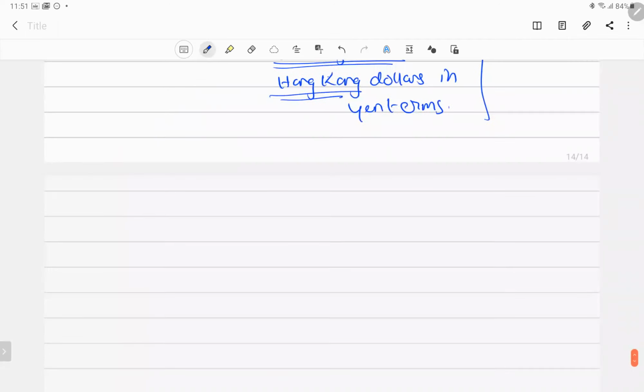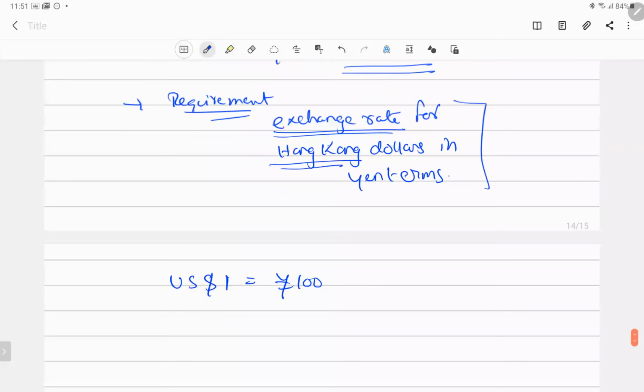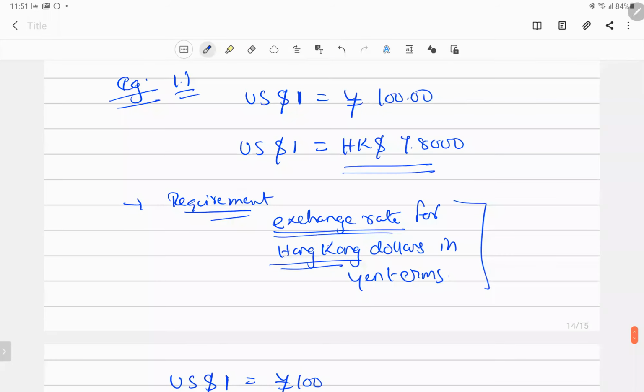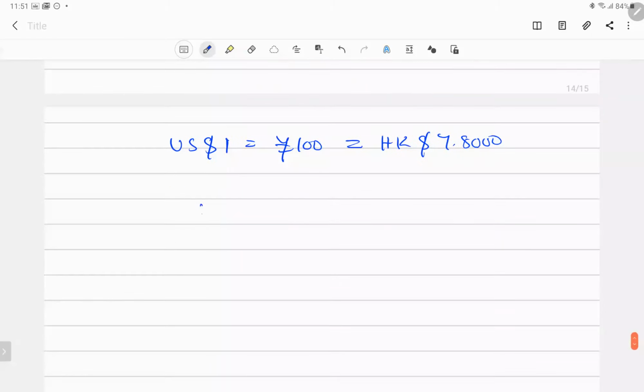So given US $1 equals 100 yen, this same US $1 is also Hong Kong dollar 7.8000.